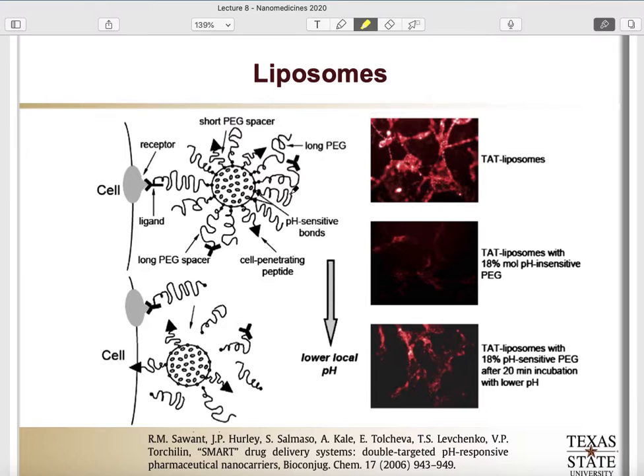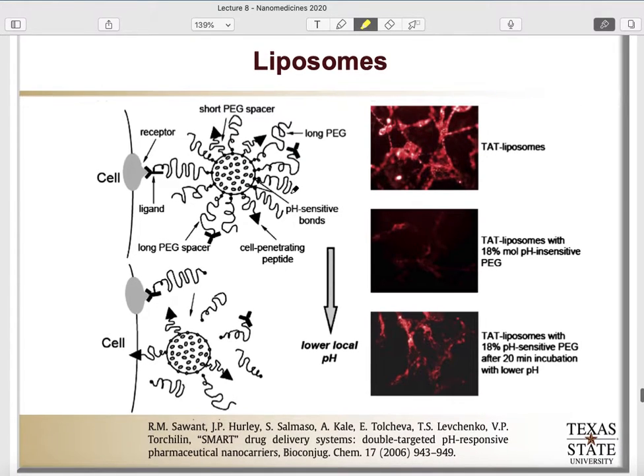In this next one, we have a liposome system that on the surface has three types of functionalization. One of them is just long polyethylene glycol chains that are attached through this pH cleavable bond right here.